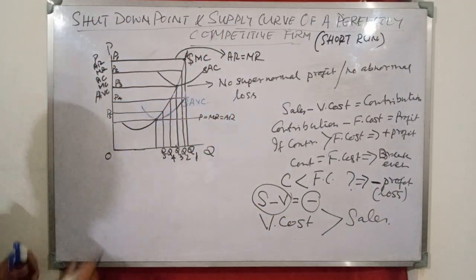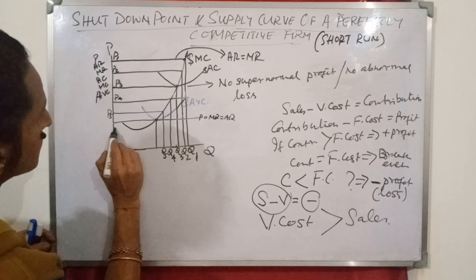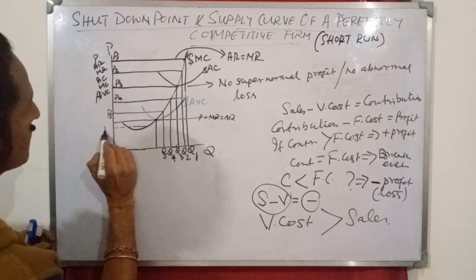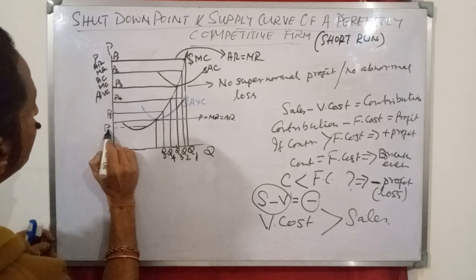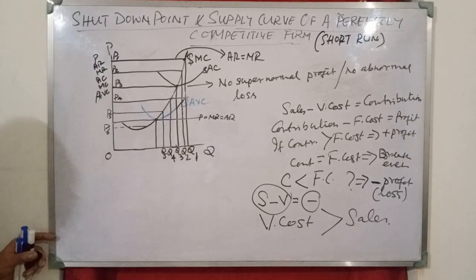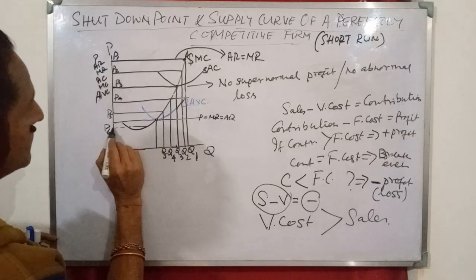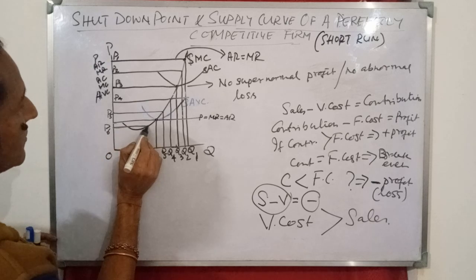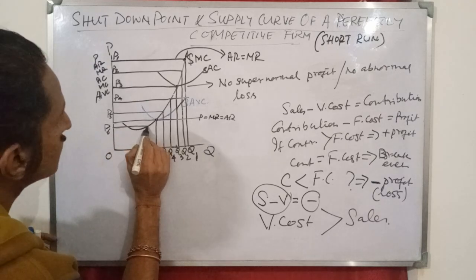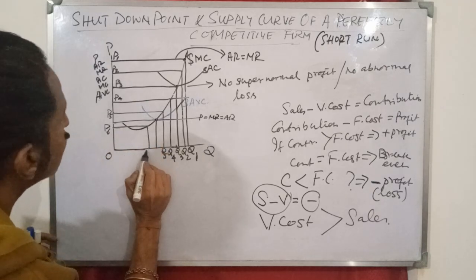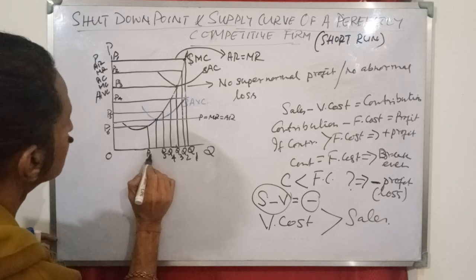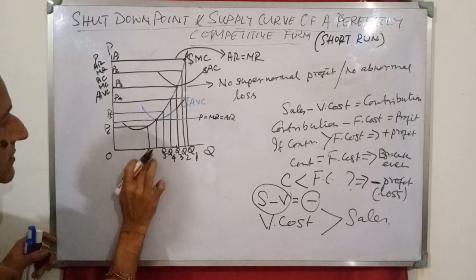Why? If price further falls, say to P sub 6, then you see the average revenue curve is lying below the average variable cost curve. This is Q6.